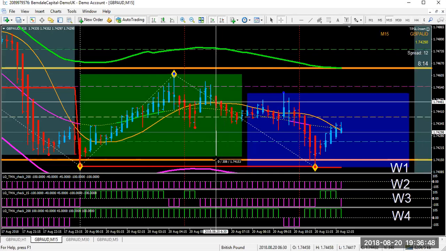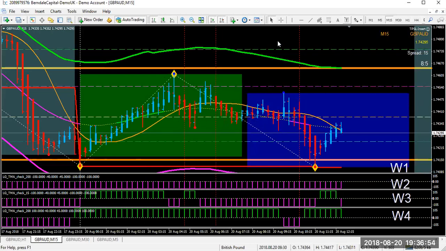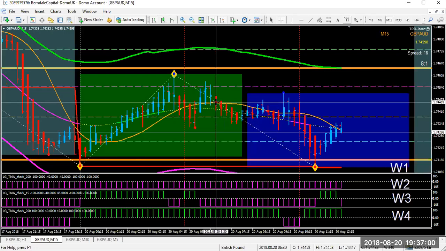Okay, so once again, you can see that even on an 8-hour template with the way it's been set up, before it goes to your 30 pips, it has to pass your green limit line. So if you want to be super safe, you could have set your take profit at the green.